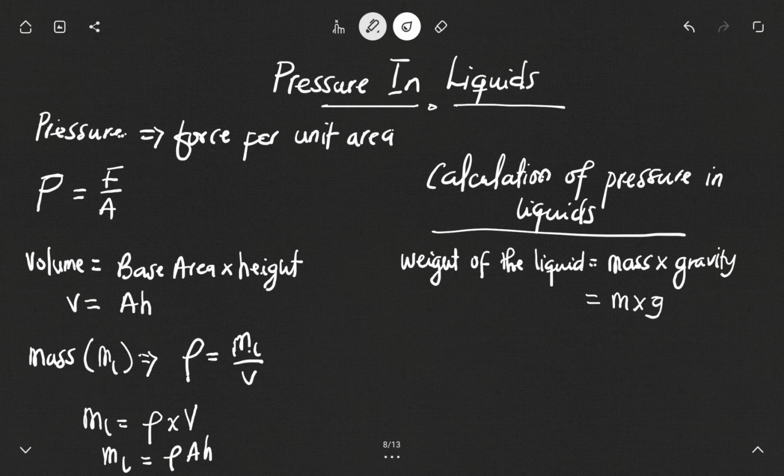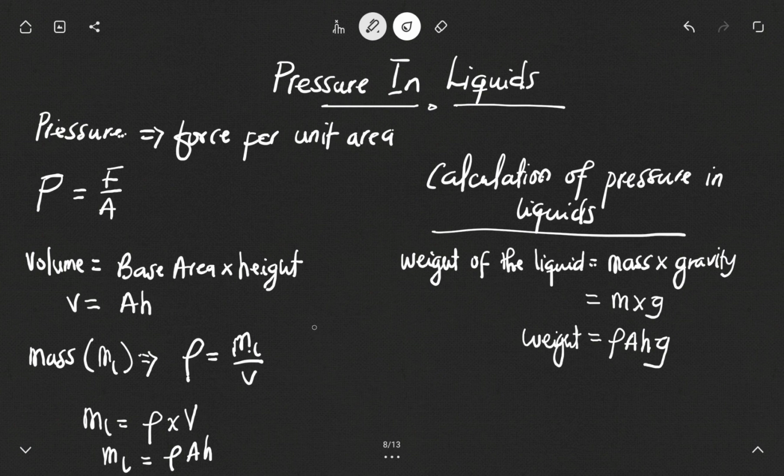But the mass is equal to density multiplied by area multiplied by h. So in place of the mass, I'm going to have density multiplied by area multiplied by h multiplied by g. This is equal to the weight.